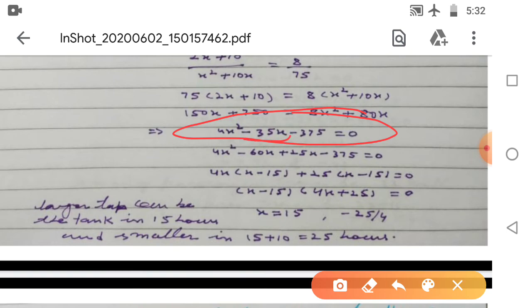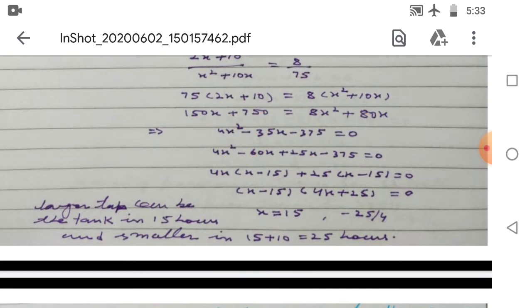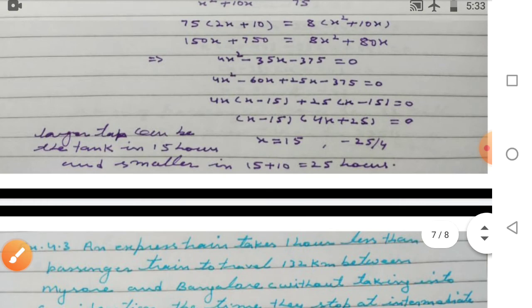Minus 35x can be written as minus 60 plus 25, because when you multiply 4 with 375, it comes 1500, and we have to make factors of 1500 such that if we add we get minus 35, and if we multiply we get 1500. So, here 60 and 25, minus 60x plus 25x. You can use the quadratic formula also in this case, no issue about that. So, here we have done with the splitting the middle term.